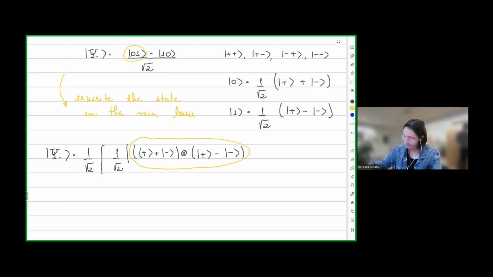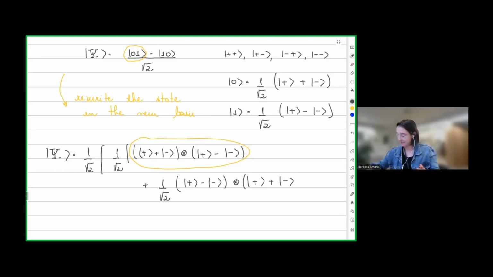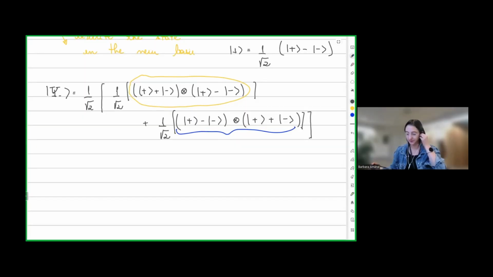And now the second part, minus 1 over square root of 2 (|+> minus |->) tensor (|+> plus |->). A lot of plus and minus. And this part here is this part here. Okay? Now I'll just open everything.